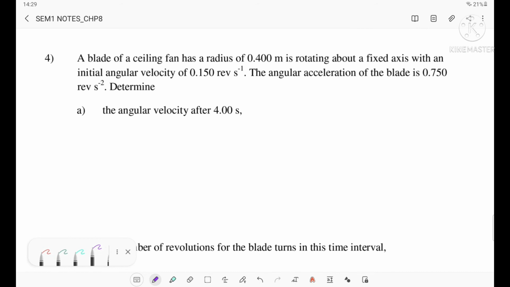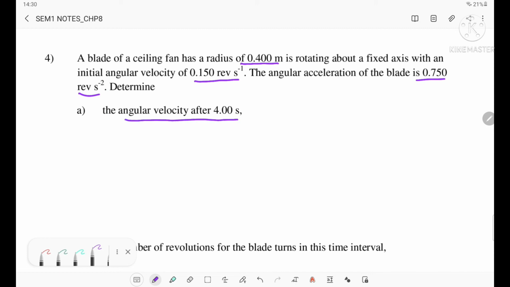Next question. A blade of a ceiling fan has a radius of 0.4 meter, is rotating about a fixed axis with an initial angular velocity of 0.150 revolution per second. The angular acceleration of the blade is 0.750 revolution per second squared. You need to determine the angular velocity after 4 seconds.